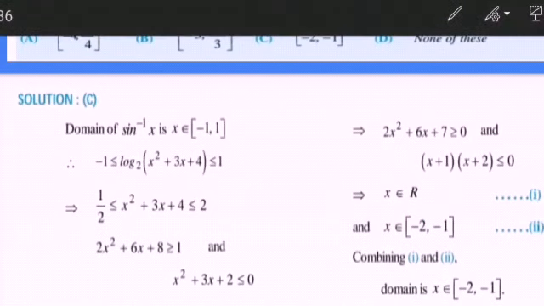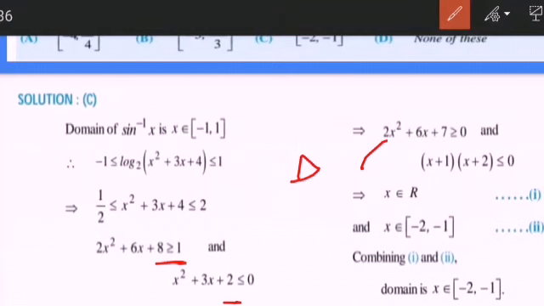So using the wavy curve method, this is -1, and this is -2. The signs are positive, negative, positive. And here we have to go for -2 to -1.